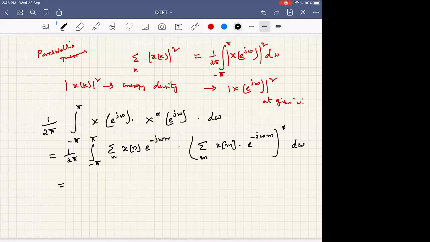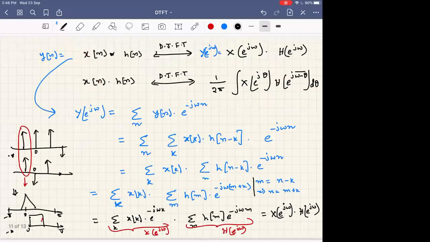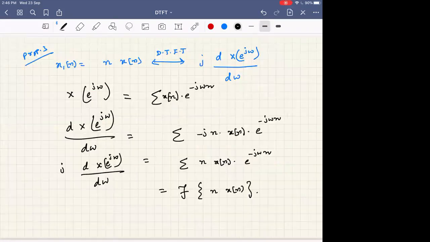This looks quite trivial when I show it like this, but when you actually do it, each of these choices matters. Which one is easy to derive also matters sometimes. It is not equally tough. In this case, if you just take the time domain, it is not that easy to show.